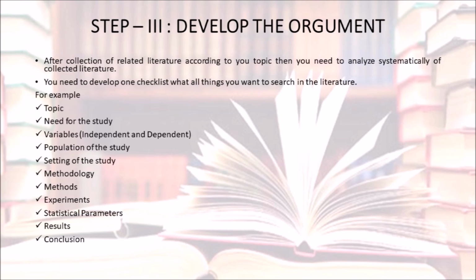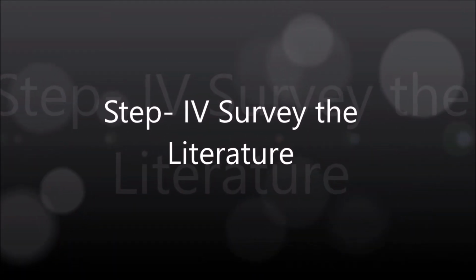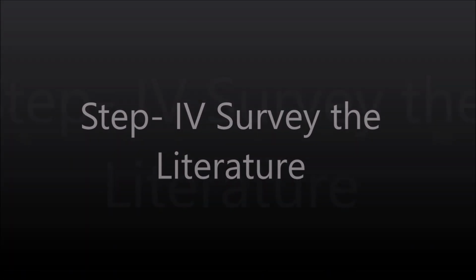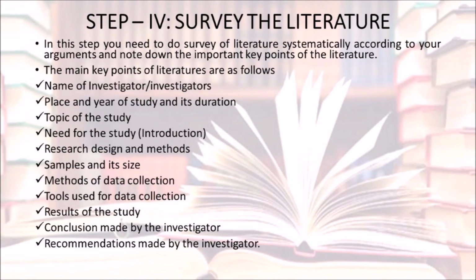After developing an argument, the next step is survey the literature. In this step, you need to survey the literature systematically according to your arguments and note down the important key points of the literature.